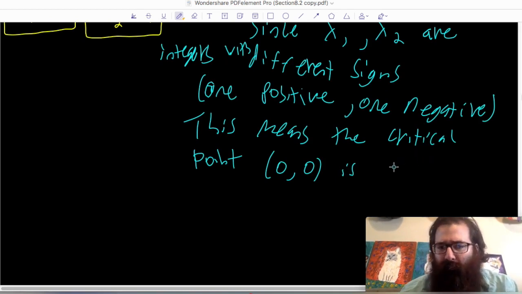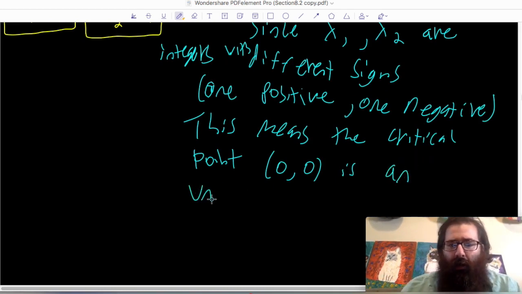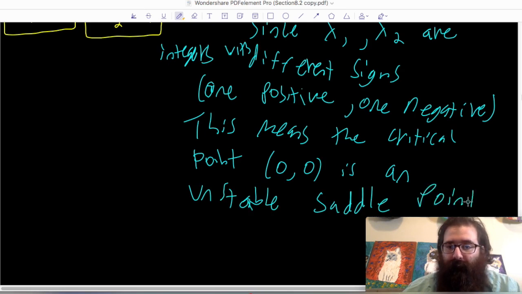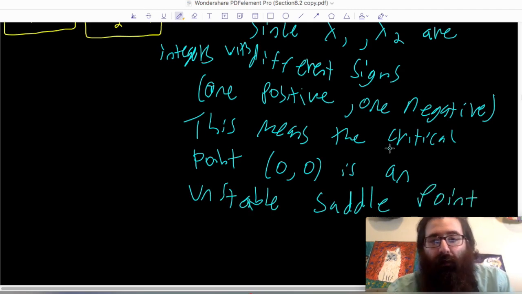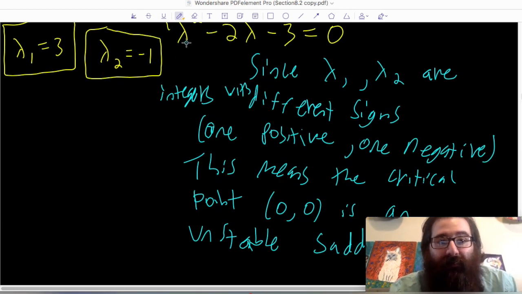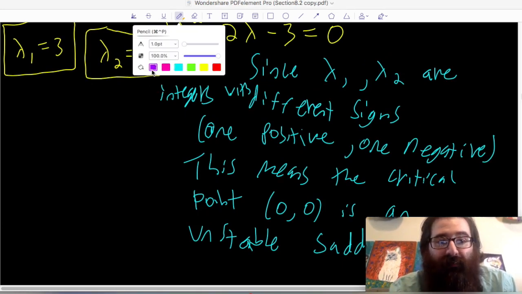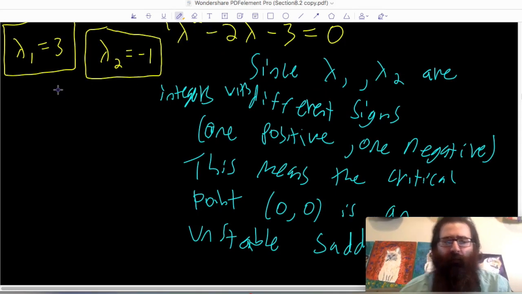What do you cast your vote now? Is an unstable saddle point. Unstable saddle point. And I can tell that since I have these integers for my eigenvalues, but one is positive and one is negative. And it's really the positive one that's ruining it.